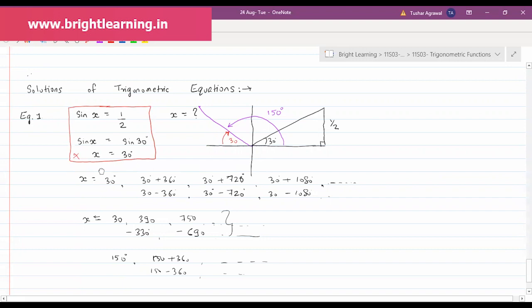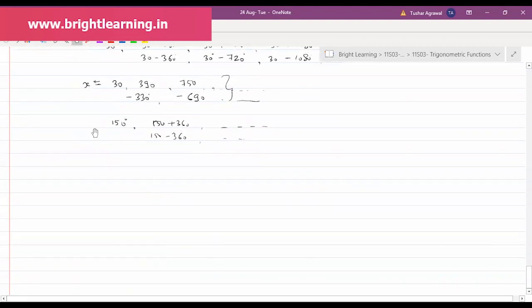So how to do that? Those values of x, first is the principal solution. Principal solution is what? x belonging to 0 to 2 pi. It can be equal to 0, but strictly less than 2 pi.